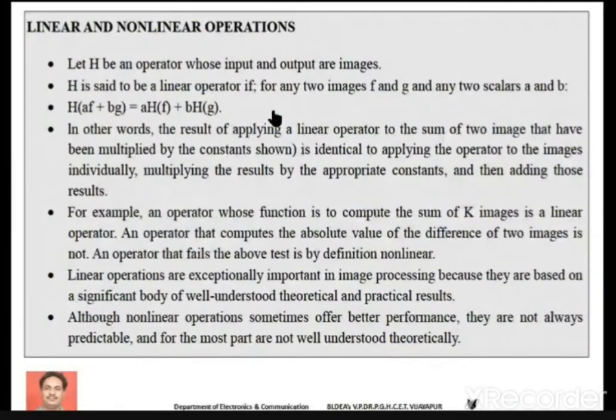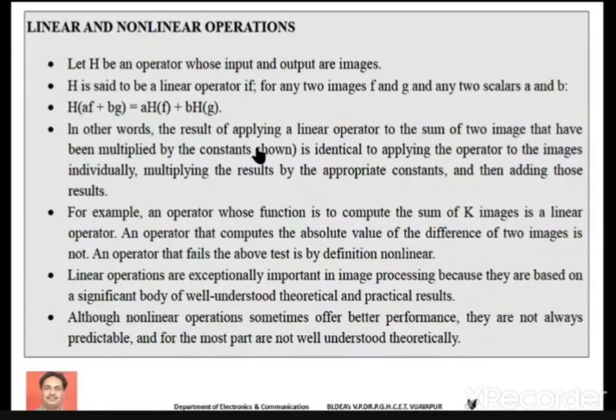Okay, a very good example of a linear operation is computing the sum of k images. Finding the sum of k images is an example of a linear operation. What is the meaning of finding the sum of k images? Basically, an image is nothing but a matrix. If you have k images, you have k matrices.